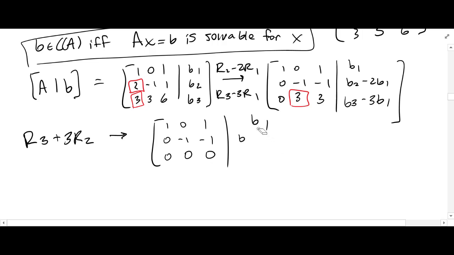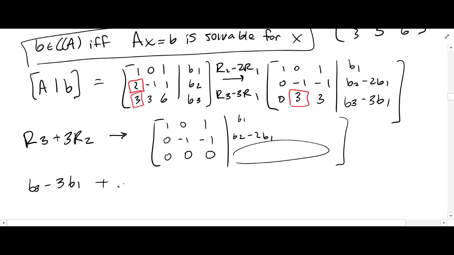This is B1, B2 minus 2B1. And this entry here will be B3 minus 3B1 plus 3 times B2 minus 2B1, which ends up being B3 plus 3B2 minus 9B1.